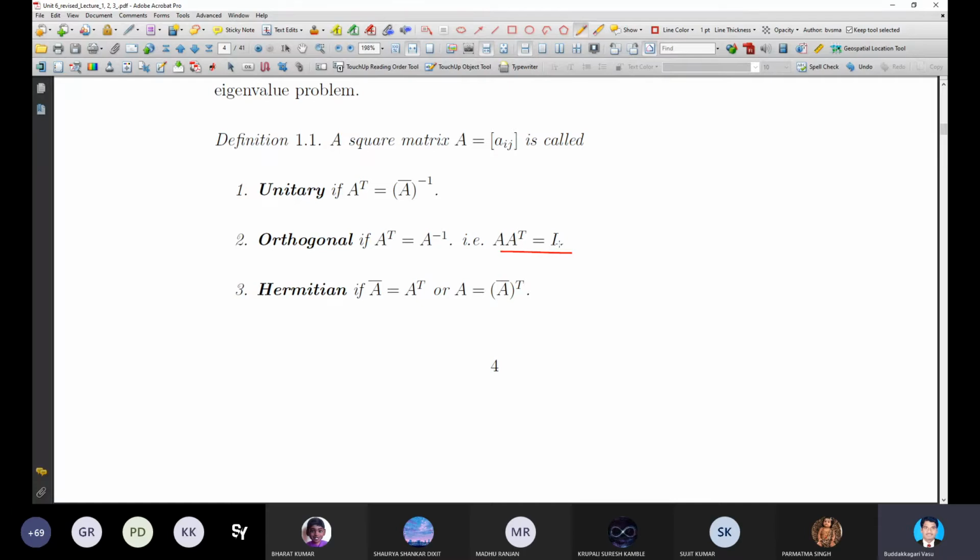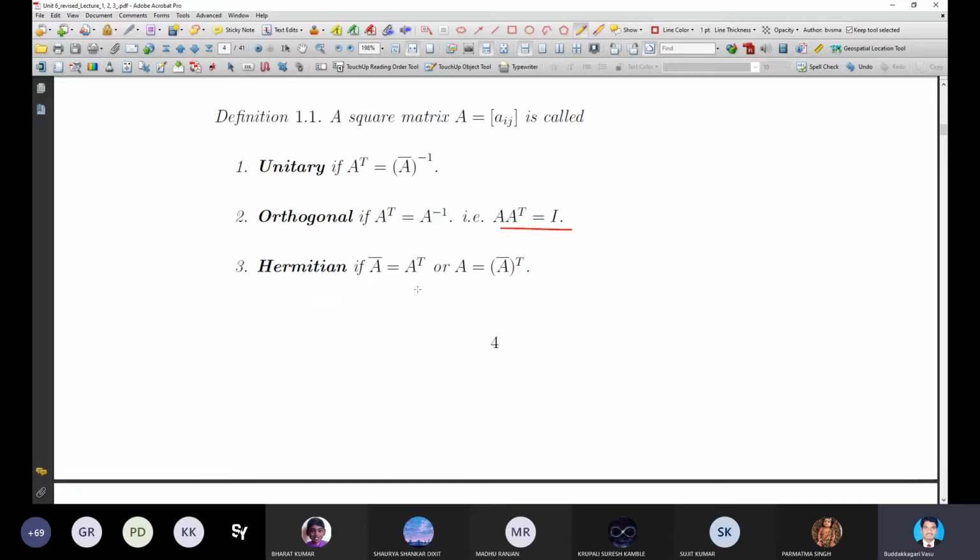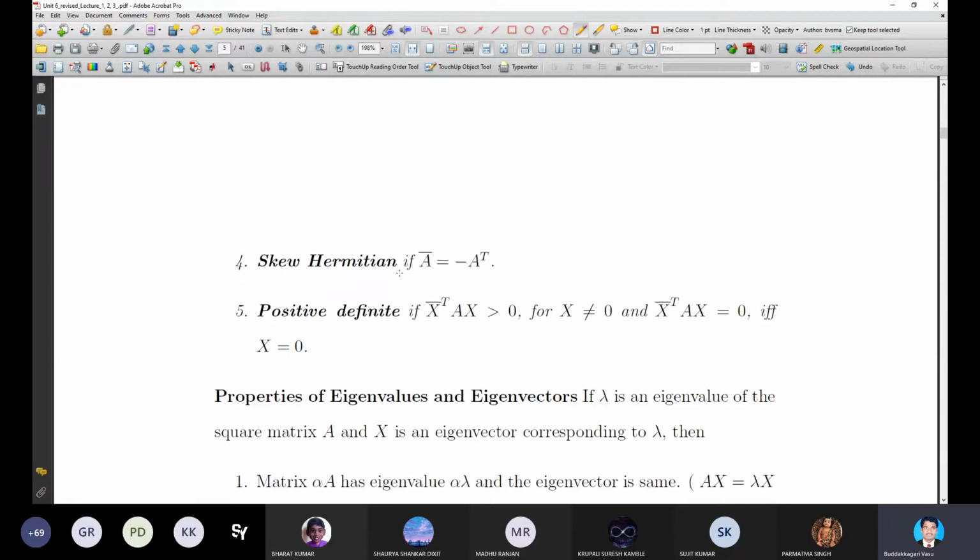Hermitian matrix: if A is equal to A conjugate transpose, then that matrix is said to be a Hermitian matrix. And skew Hermitian matrix: A conjugate transpose is equal to negative of A, then the matrix is said to be a skew Hermitian matrix.